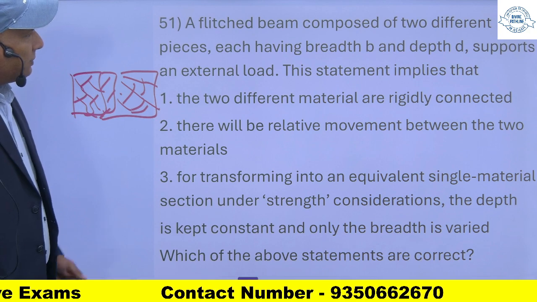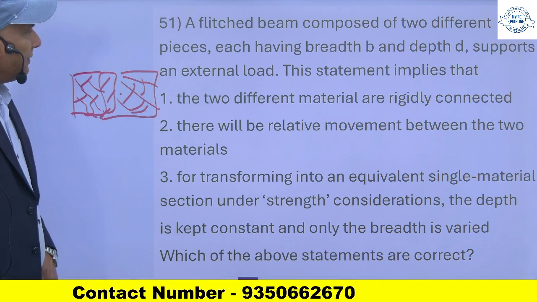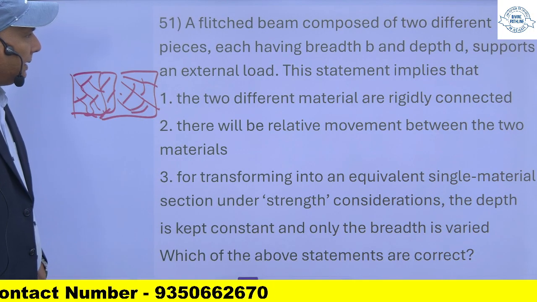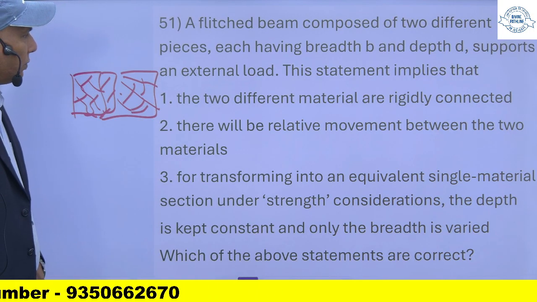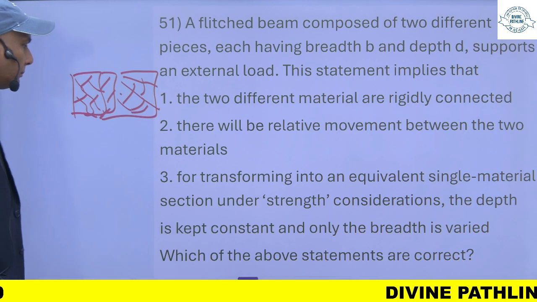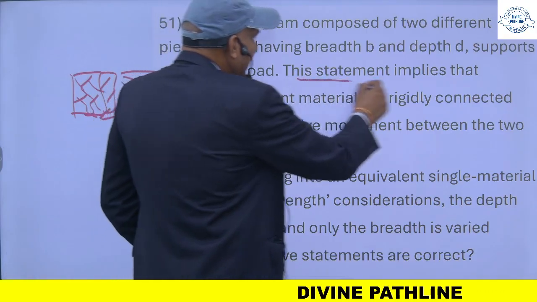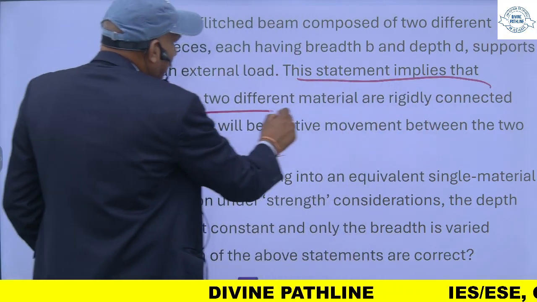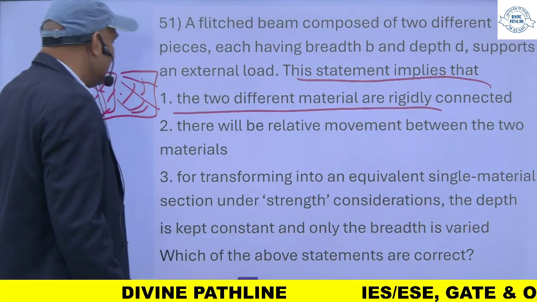A fleeced beam composed of two different pieces, each having breadth B and depth D, supports an external load. This statement implies that the two different materials are rigidly connected.